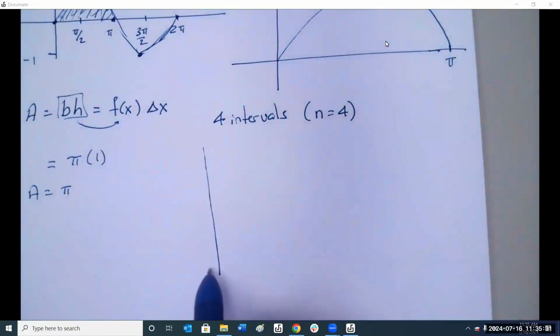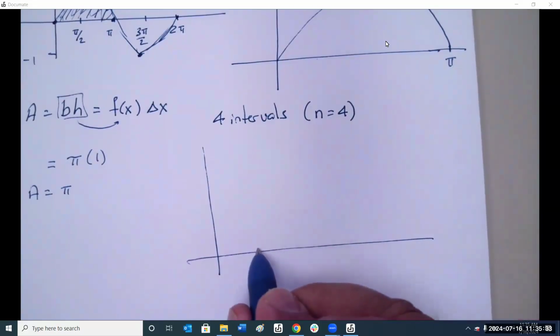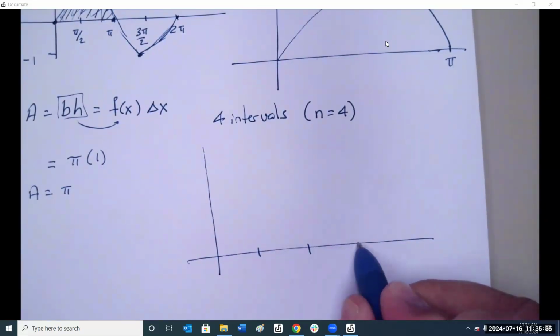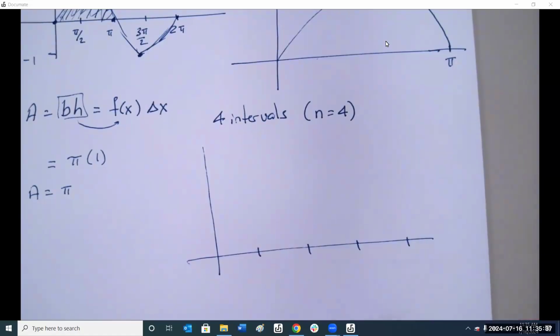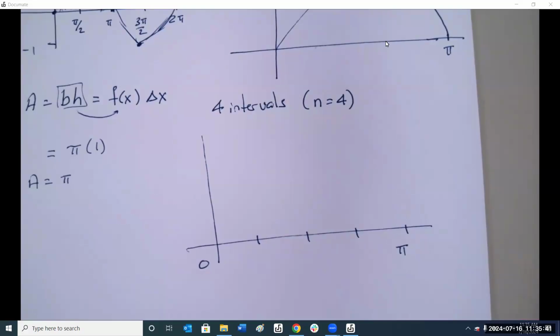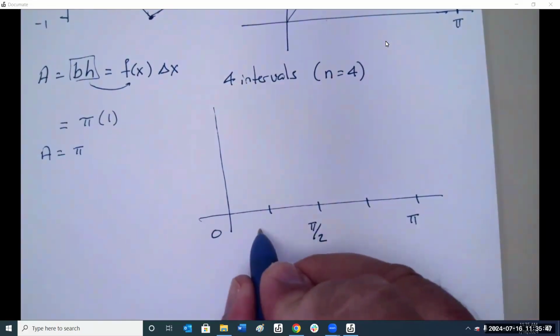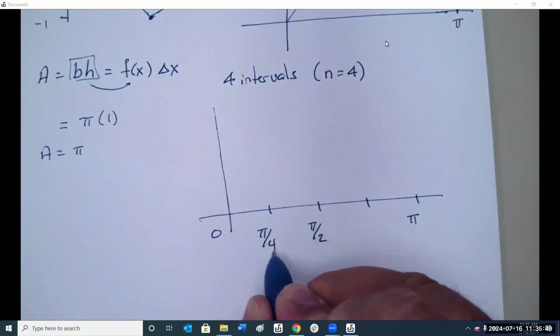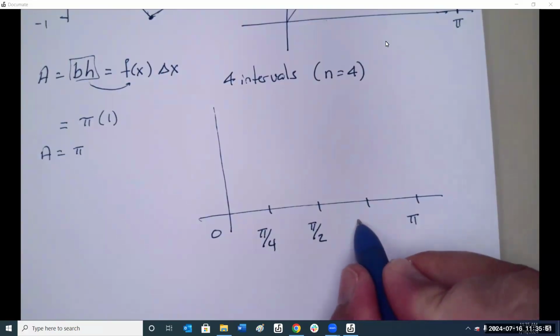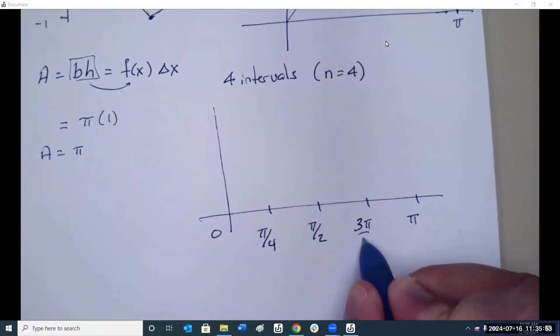So what we have to do here, this is going to be pi over 2. This is going to be pi over 4. 3 pi over 4.